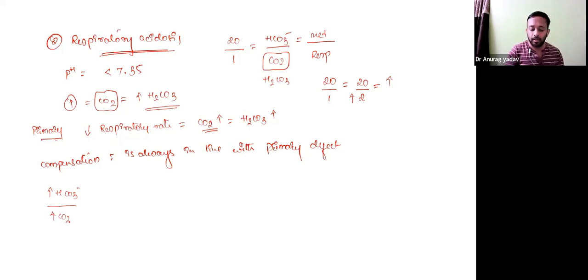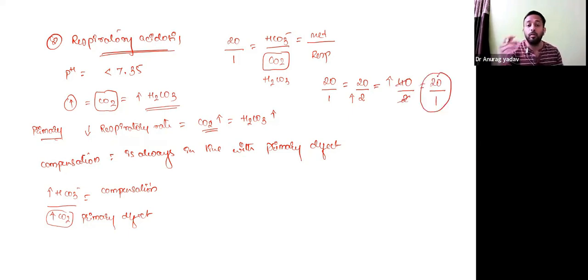If there was increase in carbon dioxide, like in our case, respiratory acidosis, this is the primary defect. Primary defect is excess of carbon dioxide, excess of carbonic acid. The compensation is the body tries to increase the bicarbonate also. The compensation is increase in bicarbonate levels. So if this was 20/2, now it becomes 40/2, which again comes to 20/1.